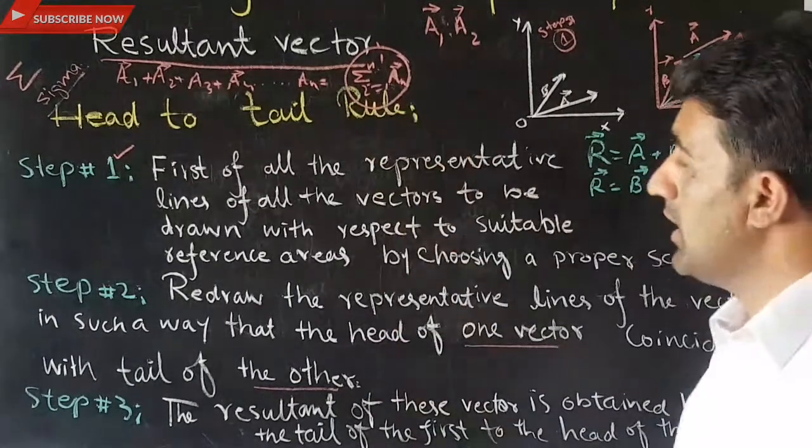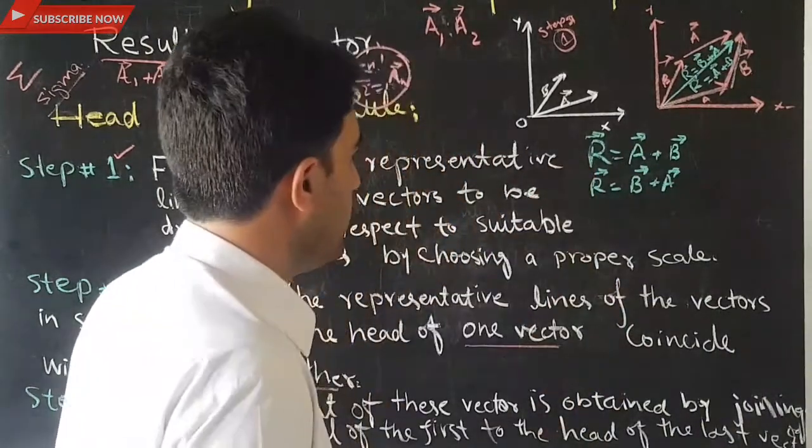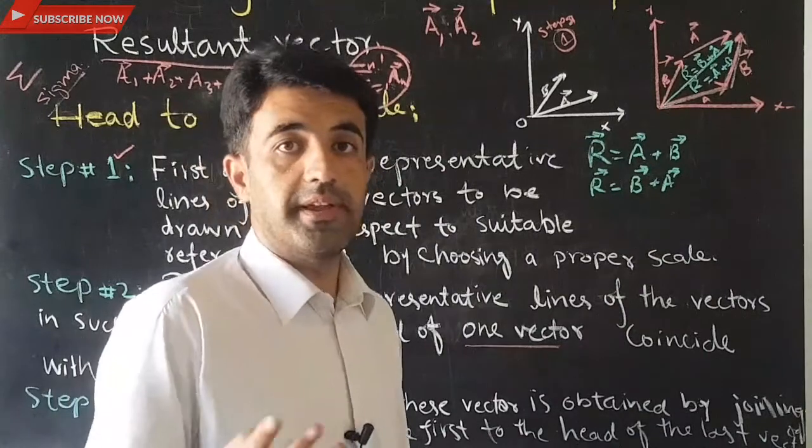I have already told you that a resultant vector is a vector which produces the same effect as produced by vectors A and B individually.